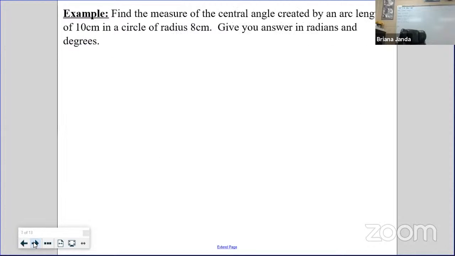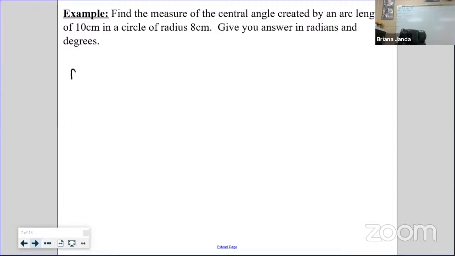All right, some variations on that formula. Find the measure of the central angle. So this time our answer at the end is going to be our central angle. This one is huge, huge, huge, understanding what theta is in our formula. Find the central angle created by an arc length of 10 centimeters.